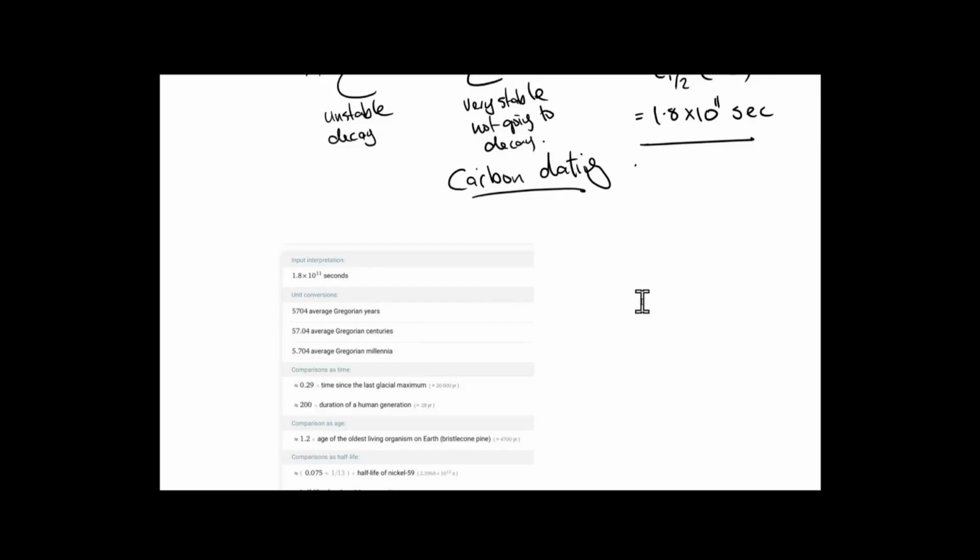So we can fairly accurately, remember this is a very, very predictable rate of decay, even though we don't know which atoms are going to decay. As a whole, we can pretty accurately work out the decay of all of the atoms on average. So we can use that to date things. So let's do that now.